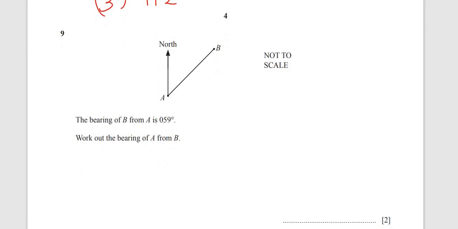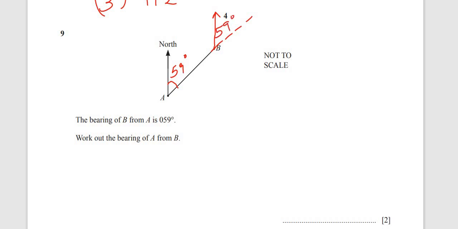So question 9, the bearing of B from A is 59 degrees. Work out the bearing of A from B. So if we go to where we have B and then we draw a north like that, then we extend this line like this. So this angle would still be 59 degrees.